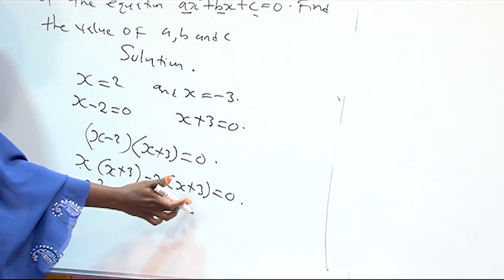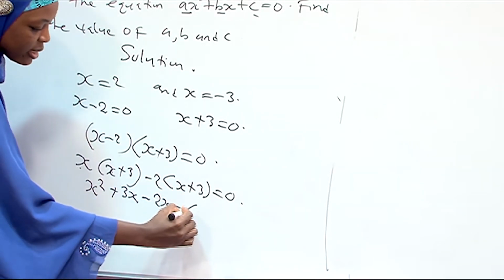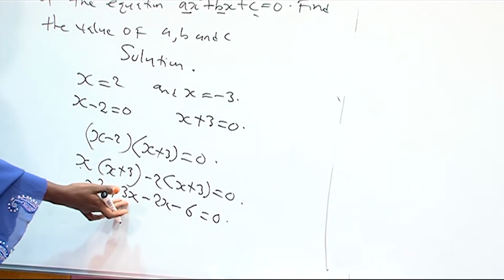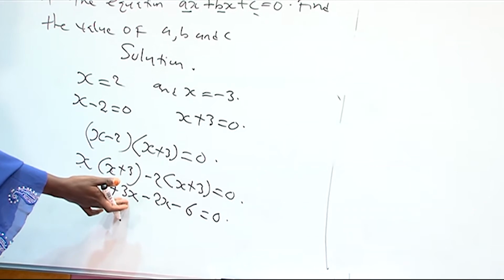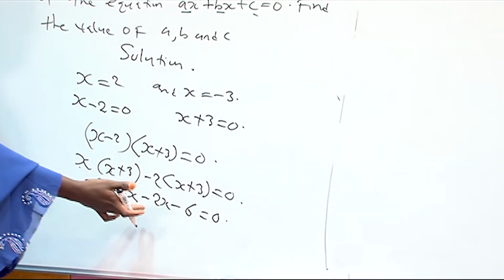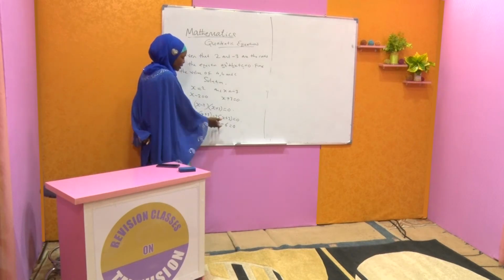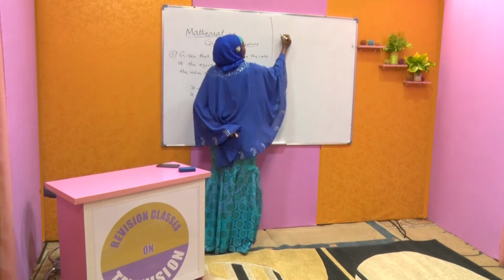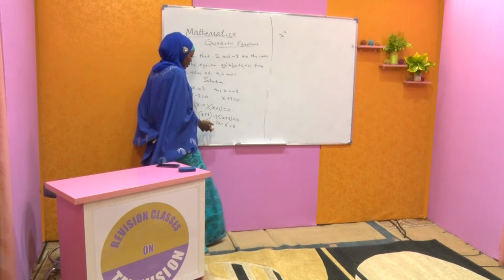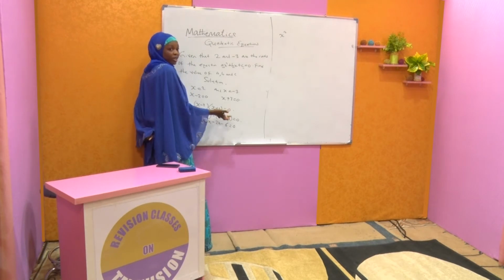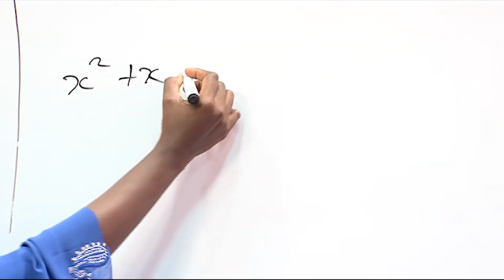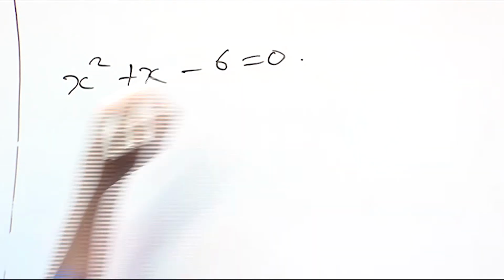Minus 2 times plus 3, we get minus 6, all equals 0. Now the like terms here are plus 3x and minus 2x. Collecting them, we have x squared, and plus 3 minus 2 gives you plus 1, that is plus x, and then you have your minus 6, all equals 0.